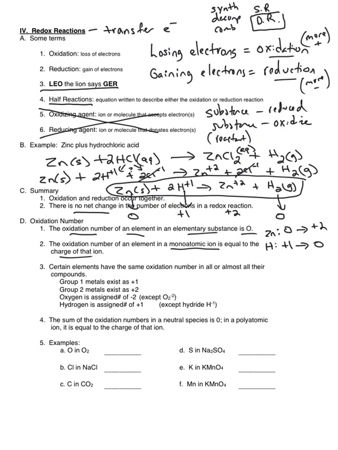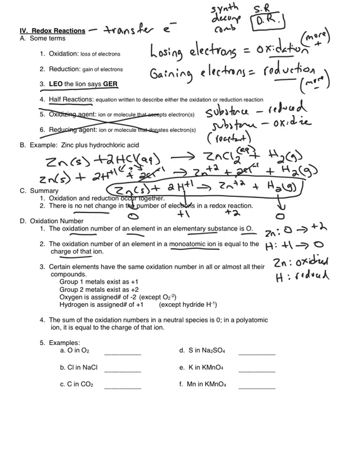So the element that becomes more positive with its oxidation number is going to be oxidized. So zinc going from 0 to +2, we would say that zinc is being oxidized, and the hydrogen is being reduced because 0 is more negative than +1. So again, in any redox reaction, something's going to be oxidized, something's going to be reduced.